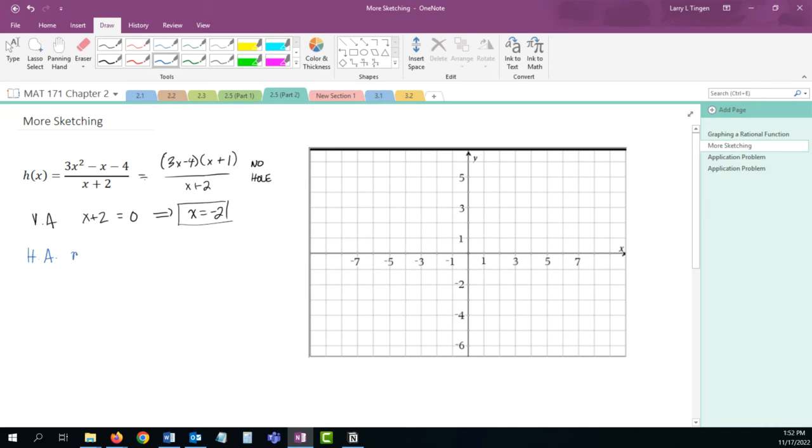Come back to the original. Numerator has a degree of 2. Denominator has a degree of 1. When that happens, there's no horizontal asymptote, but there is, does anybody remember the word? Slant.